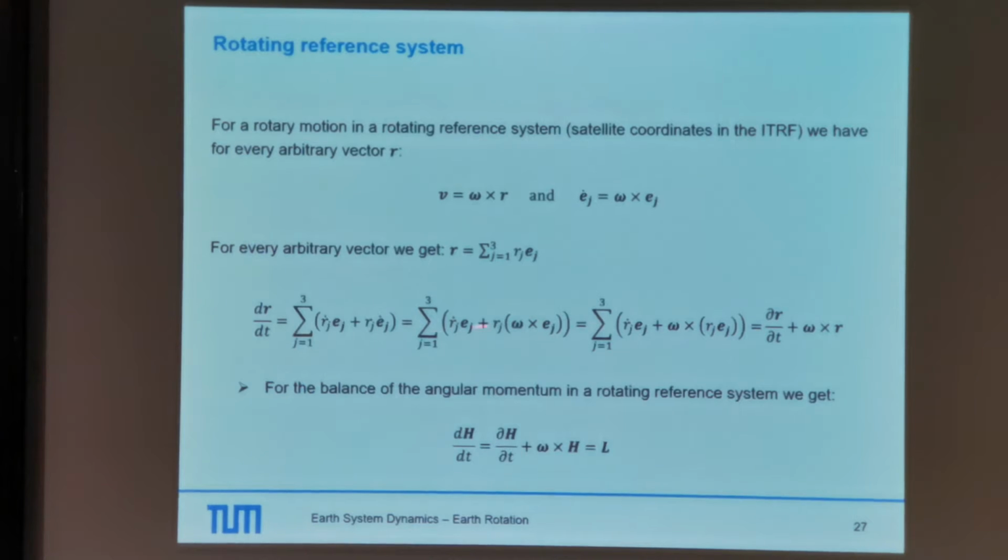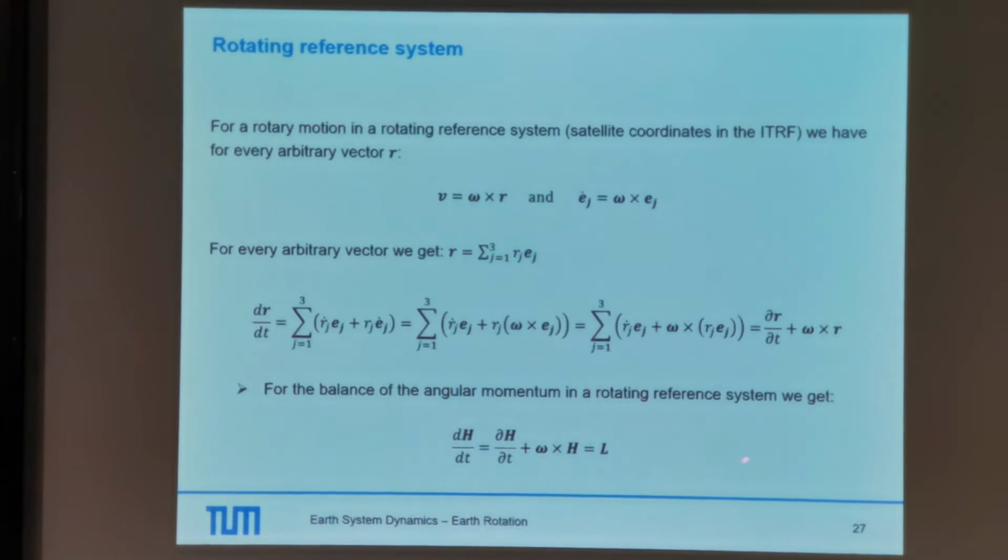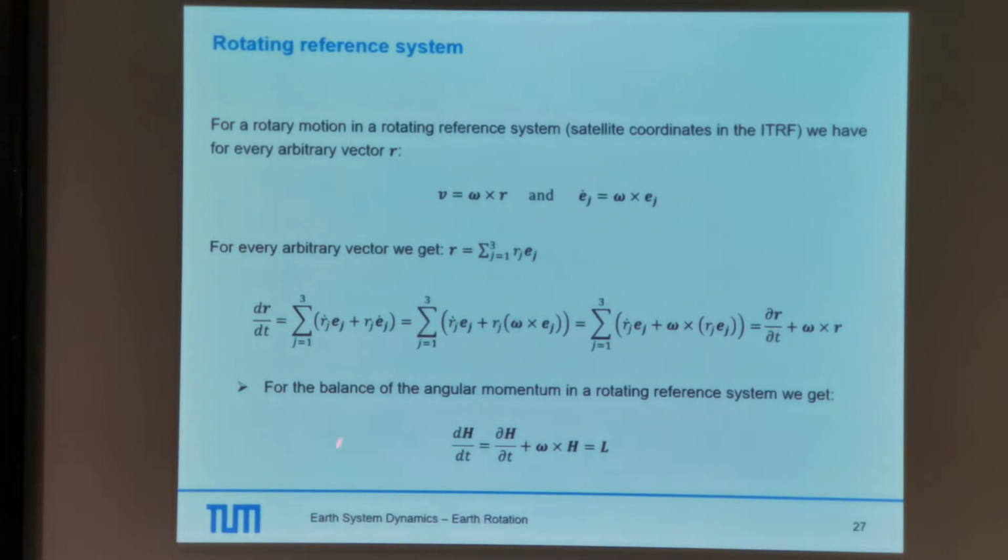And now we end up with the next step. So we have now the balance of the angular momentum in the rotating reference system, which can be expressed like this.